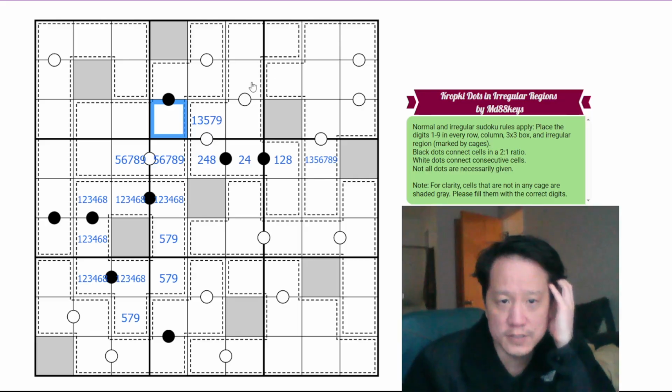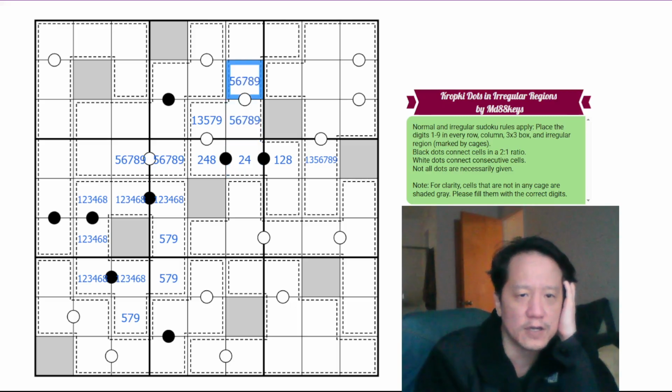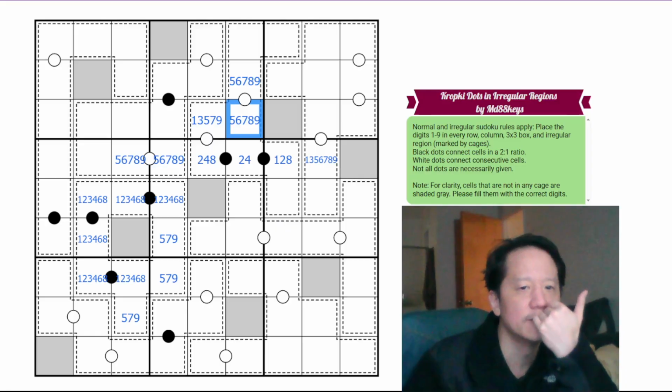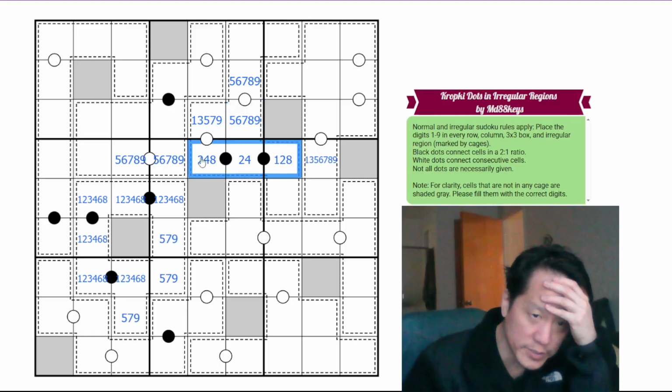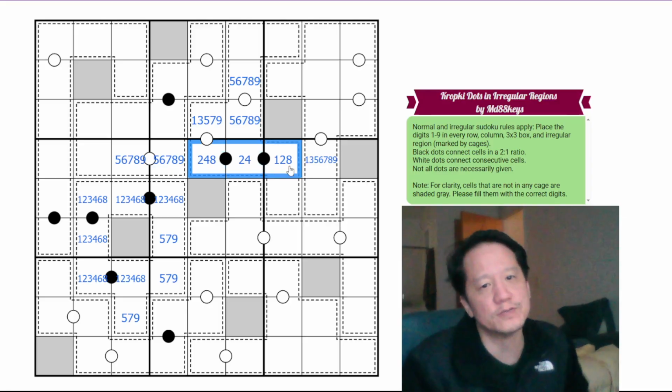So this is consecutive also, and it cannot contain 2 or 4. So this must have 6 or 8 with 5, 7, or 9. Because in this cage, we are guaranteed that one of these digits is 2 in these 3 digits, and one of these digits is 4. That's the reason why we know that.